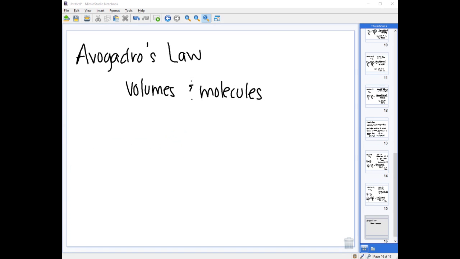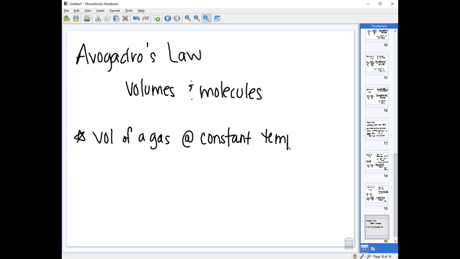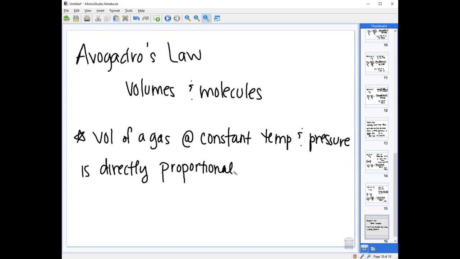And so his law that was developed says this: the volume of a gas maintained at constant temperature and pressure, so we're going to keep temperature the same and pressure the same, is directly proportional to the number of moles of the gas.